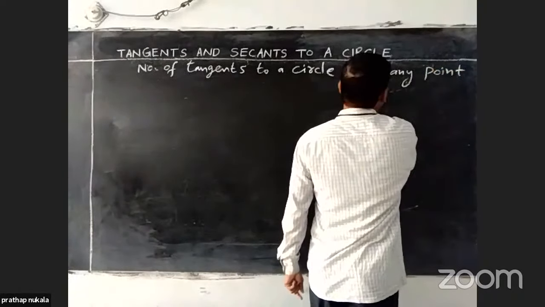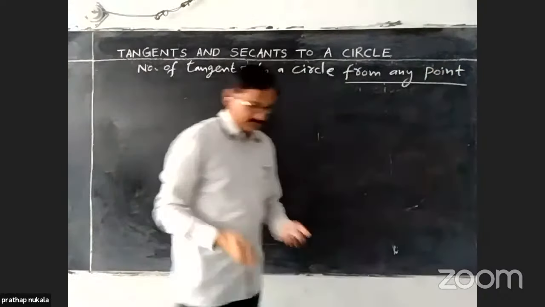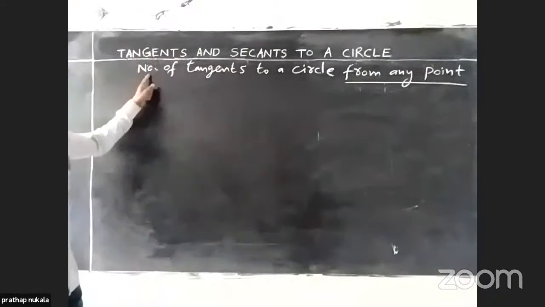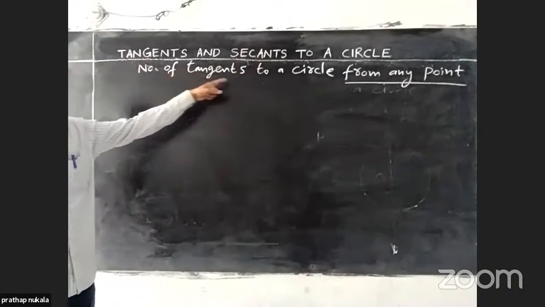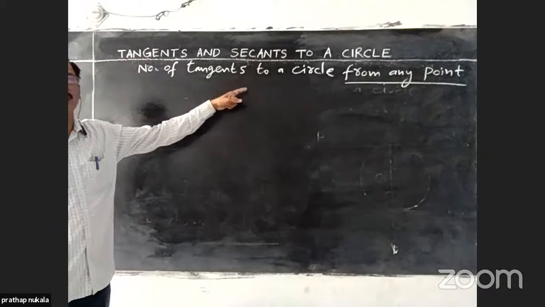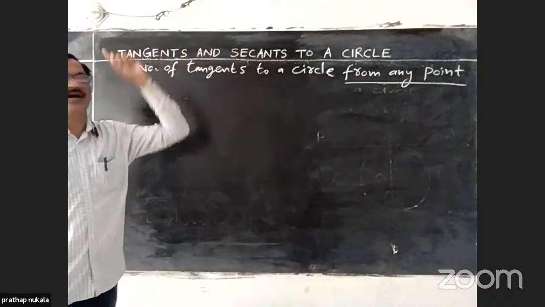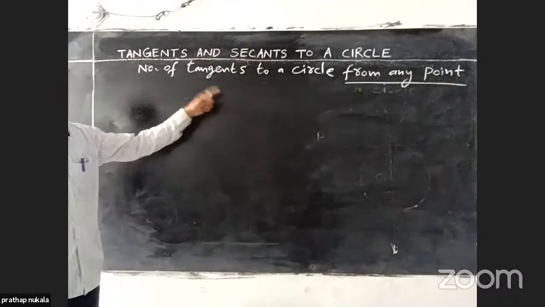Just note down, underline "from any point". How many tangents can be drawn from any point of the circle? That we have to discuss here.